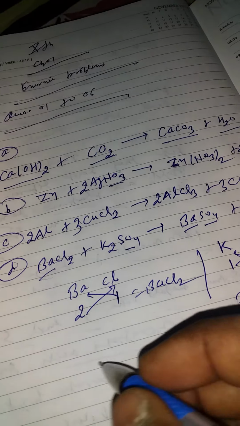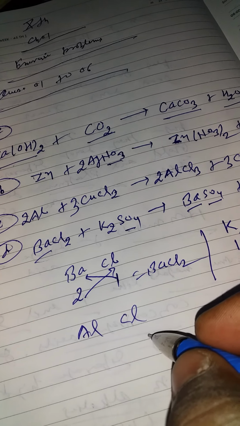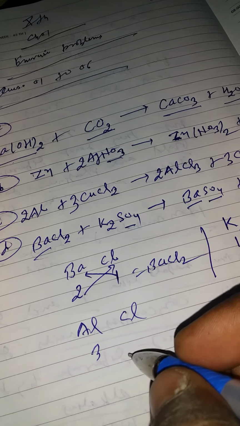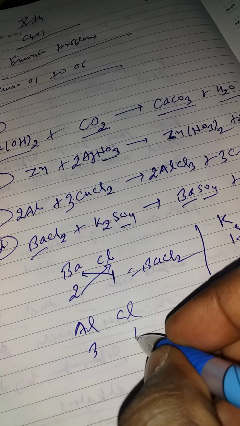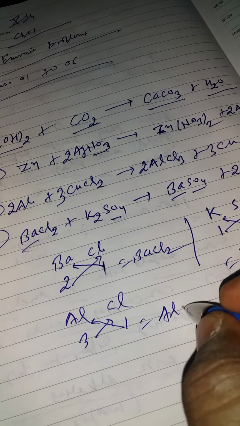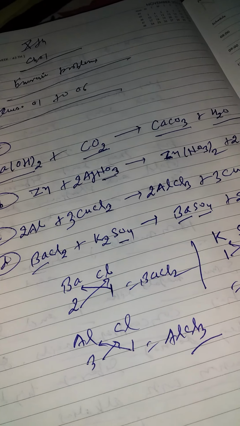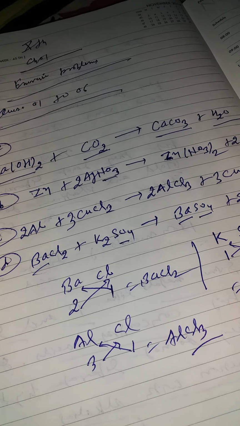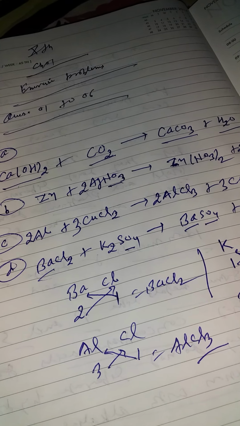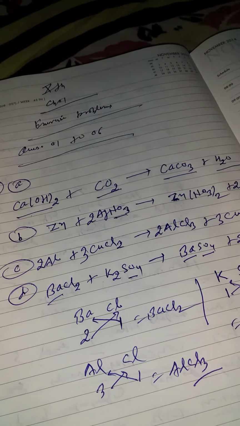Similarly, aluminum chloride: Al for aluminum and Cl for chloride, aluminum has 3 plus while chloride has 1 minus, so after crisscross we get the formula of aluminum chloride. We have already learned about this chemical formula in class 9th, Atoms and Molecules, chapter number 3.